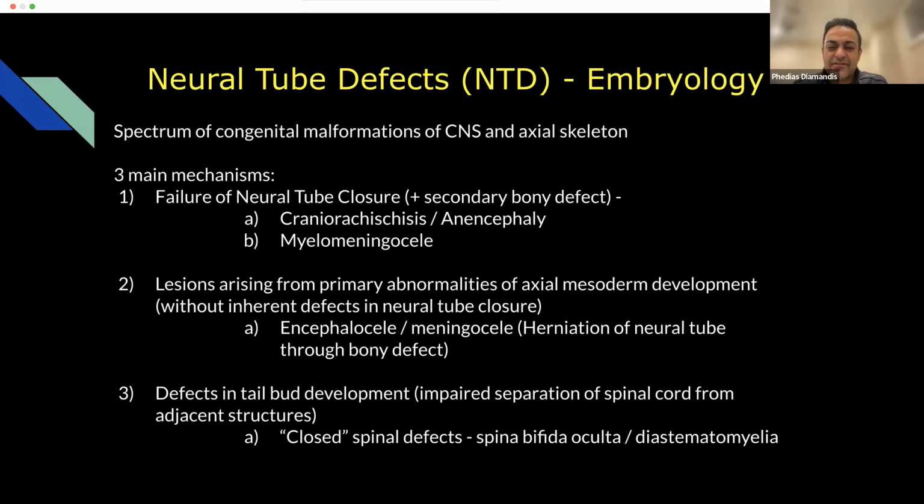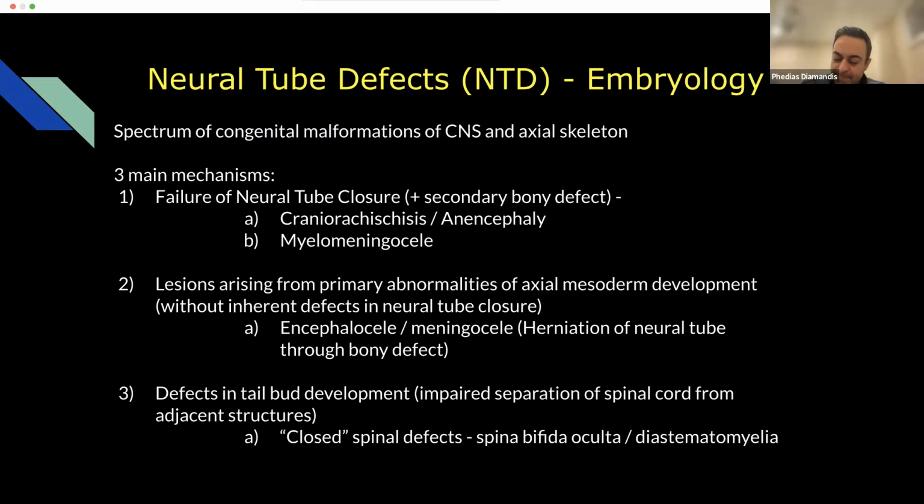Then you have failure of the axial mesoderm to form the vertebral body and skull surrounding the neural tube component, and then a separate entity, which is a failure of tail bud development or secondary neurulation, leads to some of the more minor things.